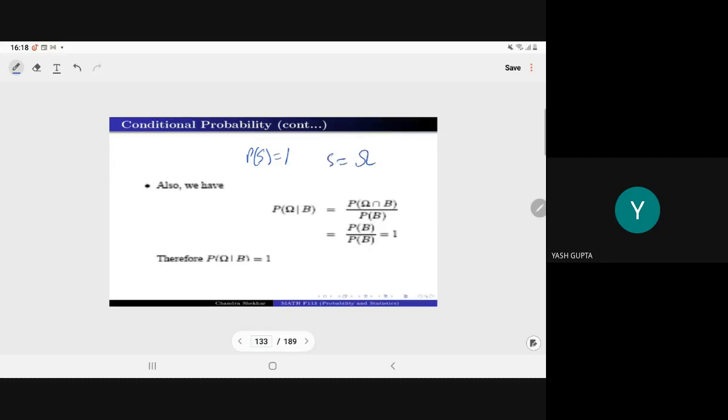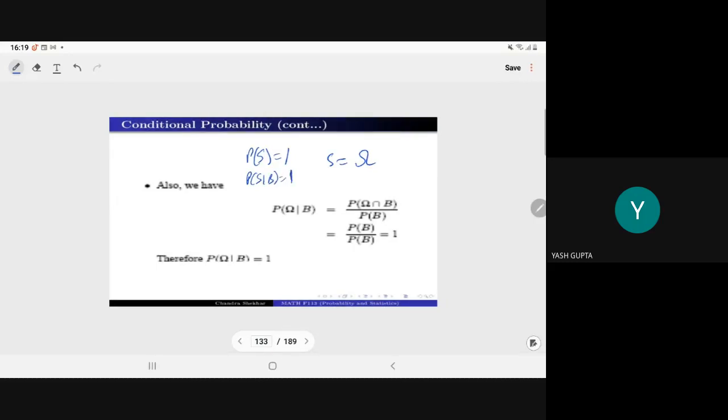If you compute the probability of omega given B, by the definition it is the probability of omega intersection B divided by P of B. We know that the probability of B intersection omega will be P of B, and P of B upon P of B is equal to 1. So here we have P of S equal to 1. Similarly, P of S given B is also 1.